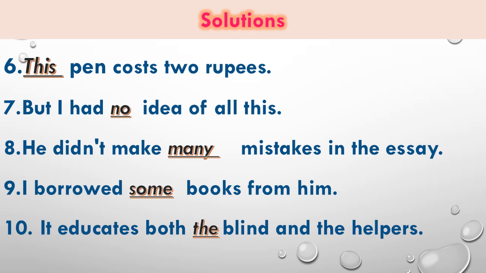Any object, you will point at it and tell them its price or what kind it is. So that means you are demonstrating that pen. For that reason this is used here. The pen is singular and the object is closer to you. So here the determiner demonstrative is used.